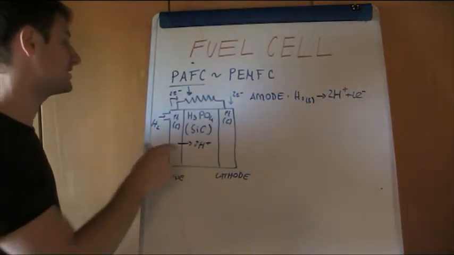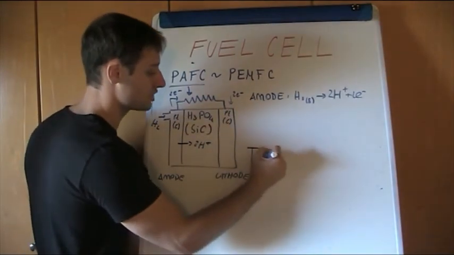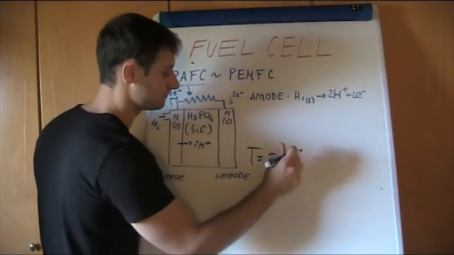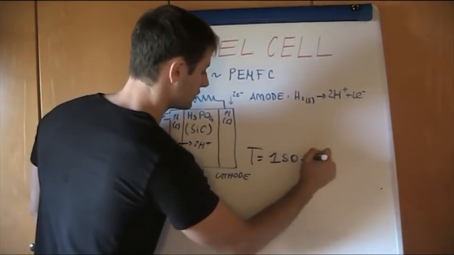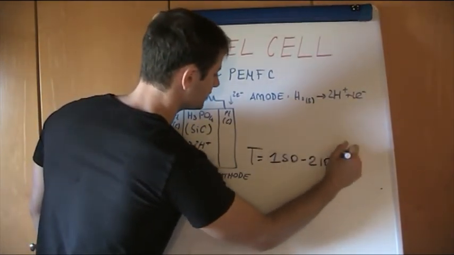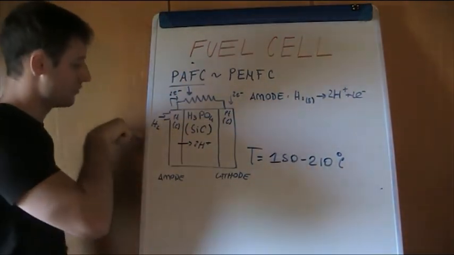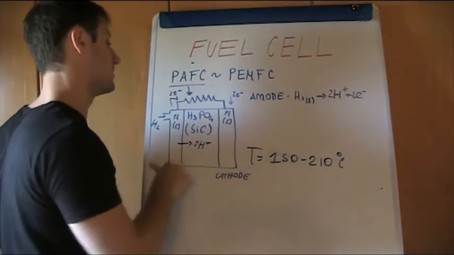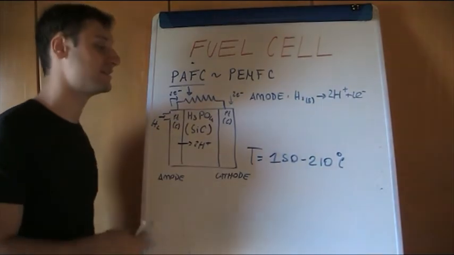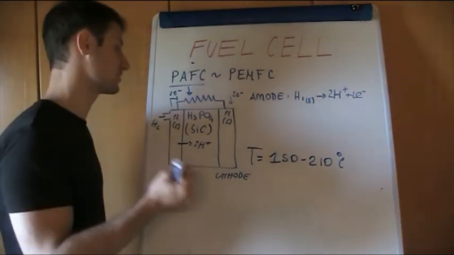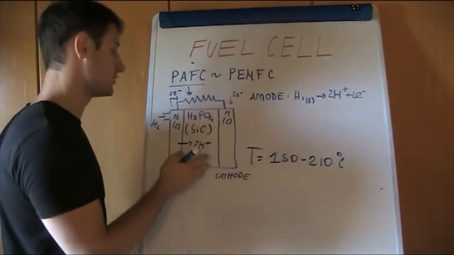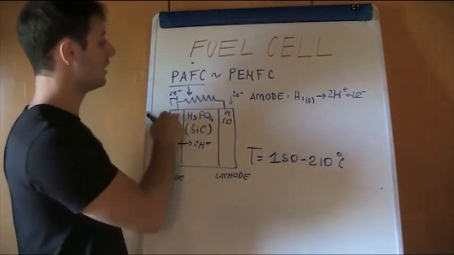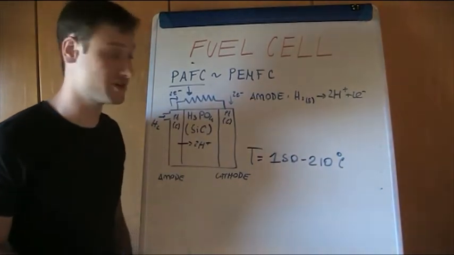At the temperature range of these types of cell we have a quite high ionic conductivity, so this H+ can migrate from the anode and reach the surface of the cathode, remembering that the electrical conductivity is extremely small. This is important in order to avoid short circuiting and allow the passage of electrons only towards the external circuit.